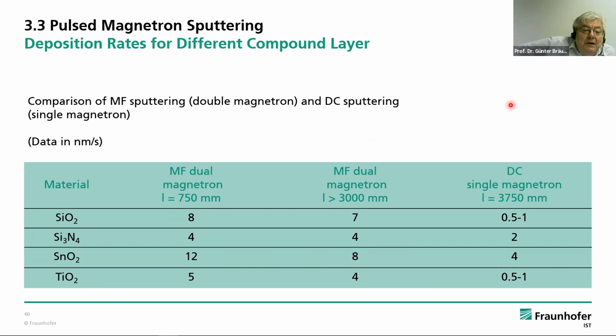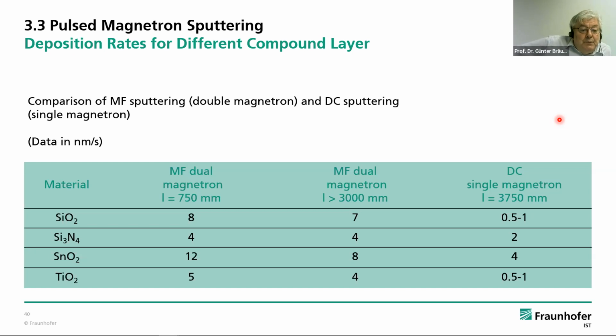And during the 90s, this development spread more and more in industry. And for the deposition of dielectric films on each size, today I still would recommend the mid-frequency sputtering or pulsed magnetron sputtering using a dual cathode arrangement.